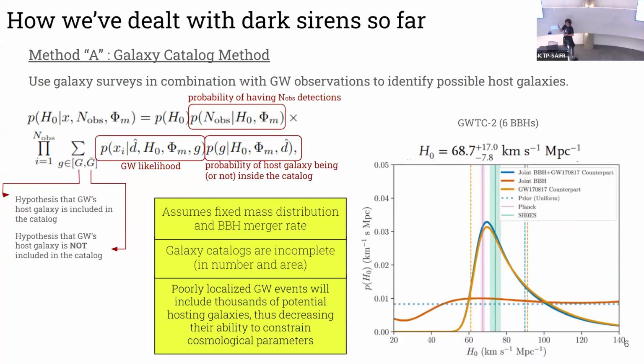So you end up including many galaxies with many different redshifts, and each of them will give you a very different Hubble constant from one another. So you end up washing out your posterior. This is one of the biggest flaws of this method.